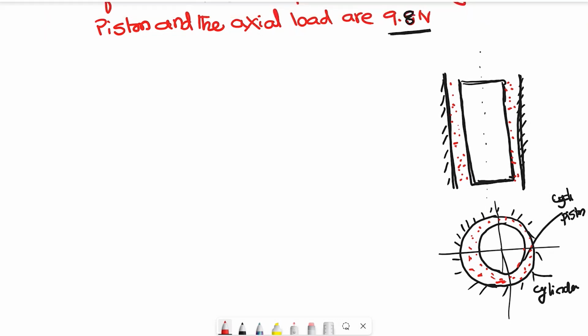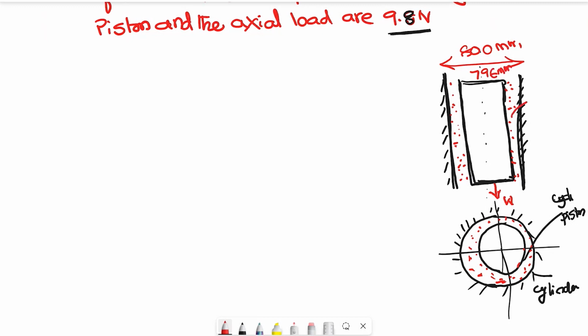Then, what is the weight of this piston? That is what they have given, this W. The outside diameter is 800 mm. The inside diameter, the piston, is 796 mm.